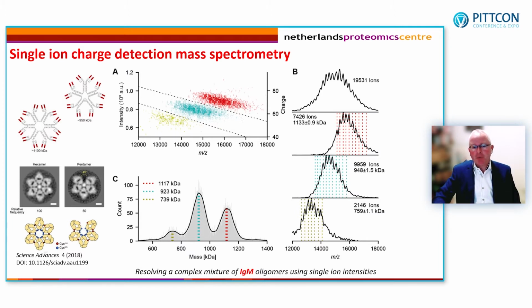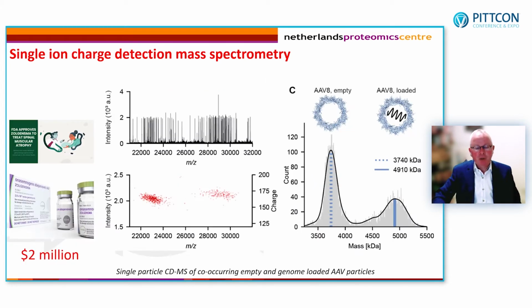But if we also separated them by charge, we could get these 3 different species here in red, blue, and yellowish. And we could clearly separate them in the charge domain by charge detection mass spectrometry. And with that, we could really quantify how much tetramer, pentamer, and hexamer there is. And so this is an ideal application of this charge detection mass spectrometry.